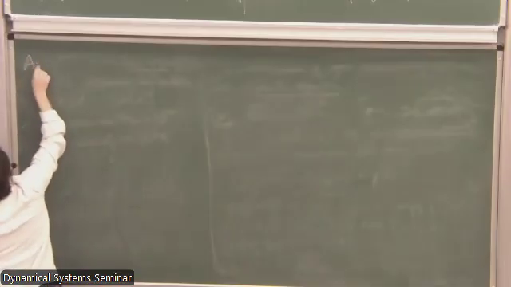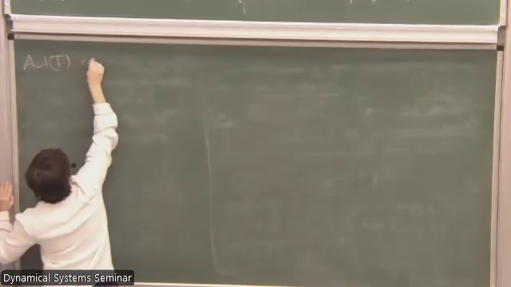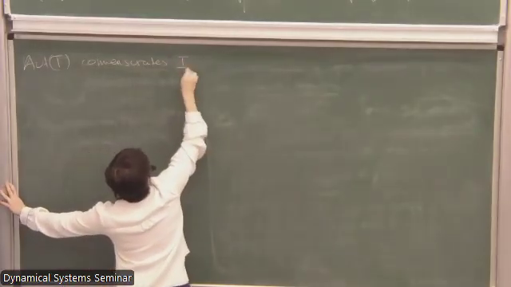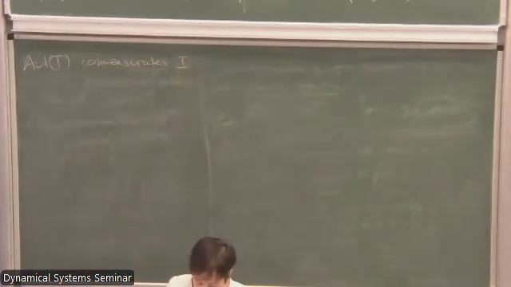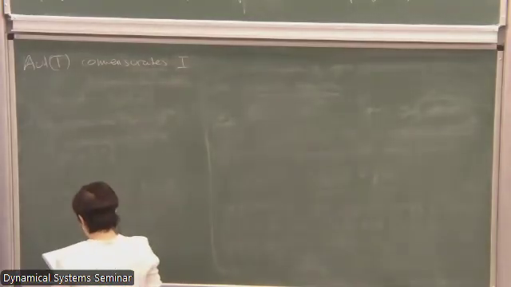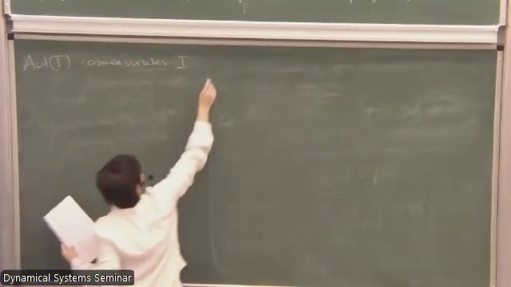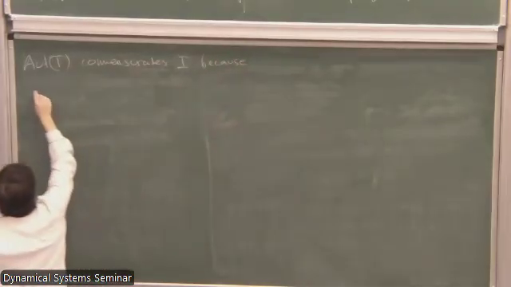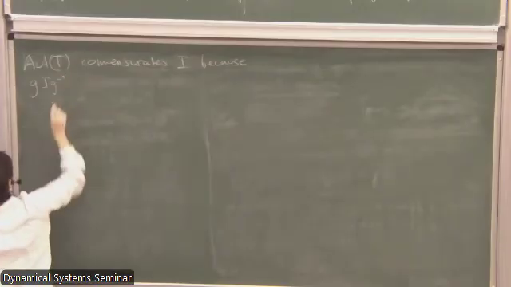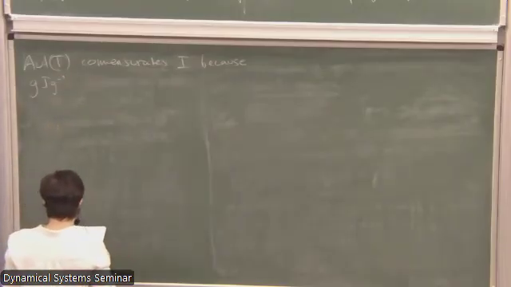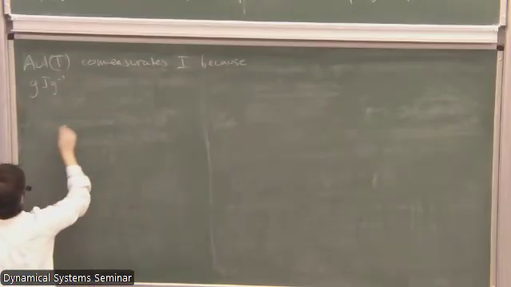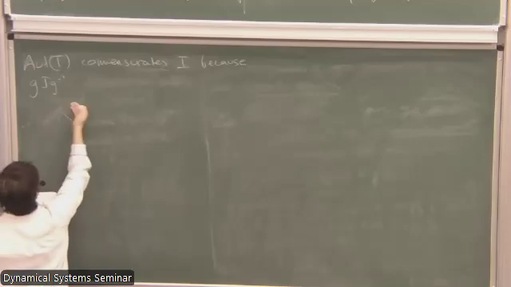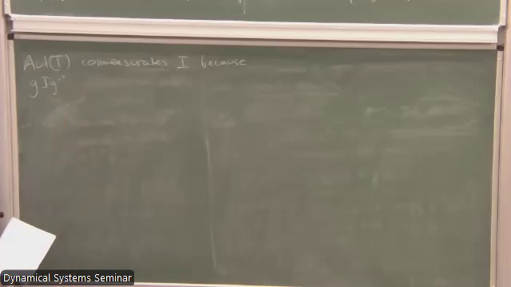So Aut T commensurates I, the stabilizer of a vertex. It commensurates I because, well, let's see. I have to show this is also equivalent. Okay, so I need to look at my G, my automorphism of the tree.